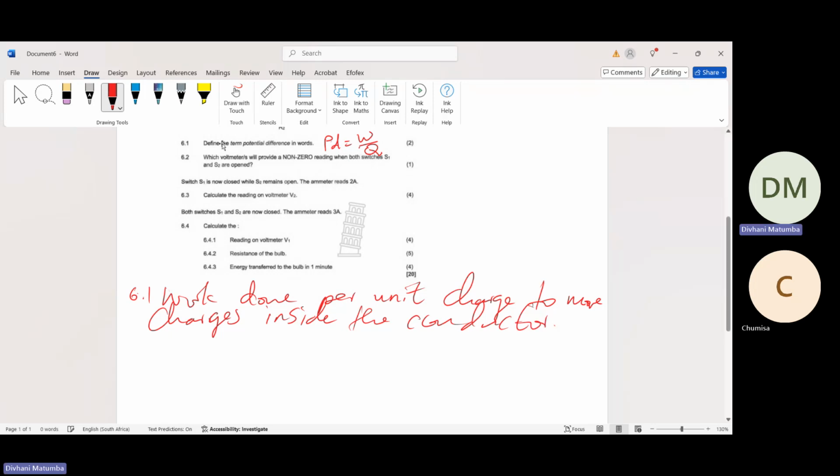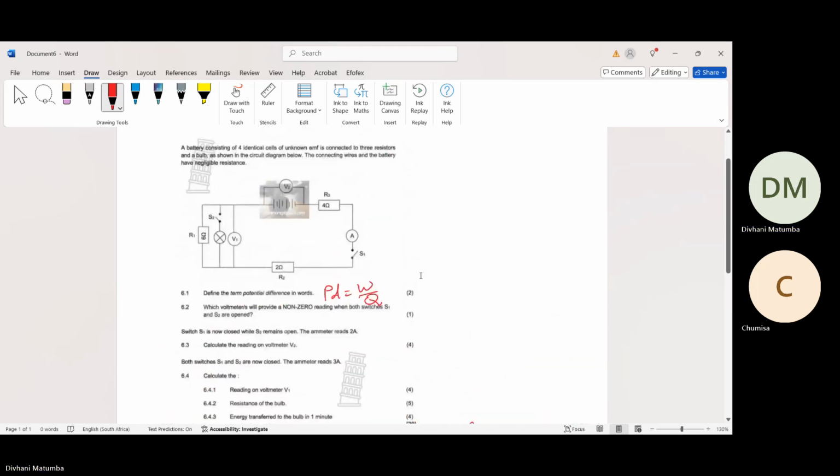Which voltmeter will provide a non-zero reading when both switches S1 and S2 are opened? There are two voltmeters, V1 and V2, as you can see on the screen.